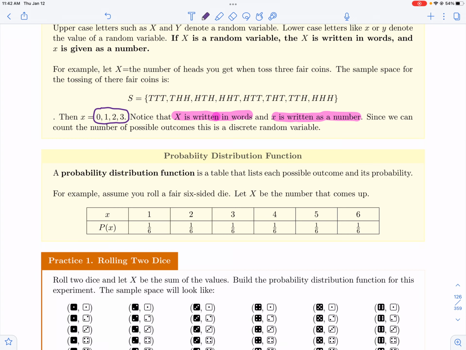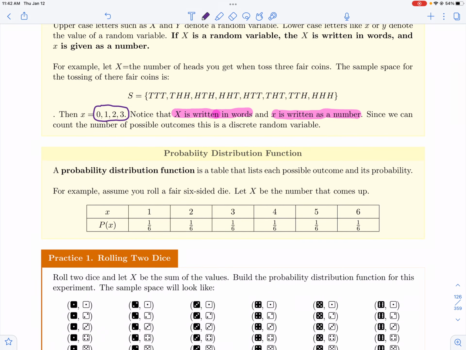All right, so let's look at what a probability distribution function is. With this one, we've got a little example in our box here. A probability distribution function is a table that lists each possible outcome and its probability. So for example, if we assume we rolled a fair 6-sided die, X is just the number that comes up. Lowercase x would be, of course, that top row, the numbers 1, 2, 3, 4, 5, 6.